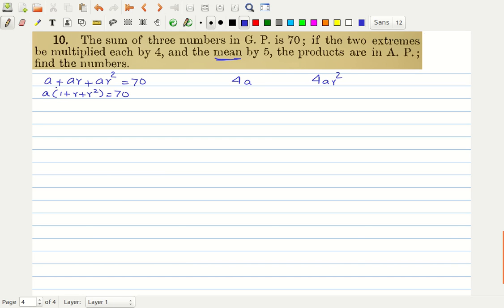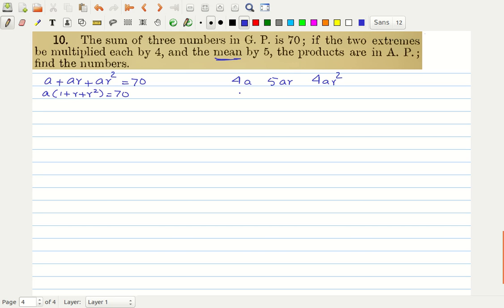And the mean by 5. So they are multiplying this middle term by 5, so this becomes 5AR. Now it is given that 4A, 5AR and 4AR square, they are in AP. Okay. So these three terms are in AP.